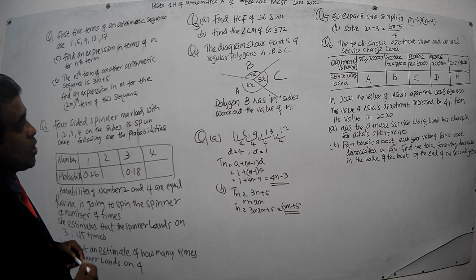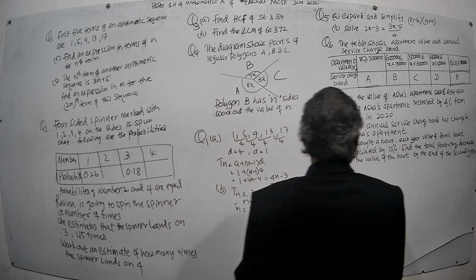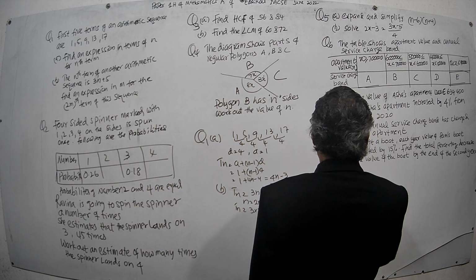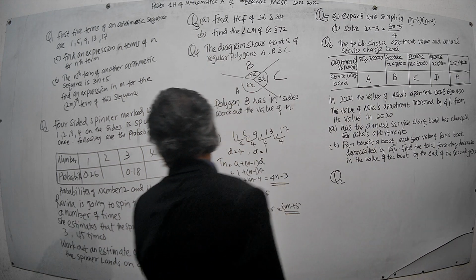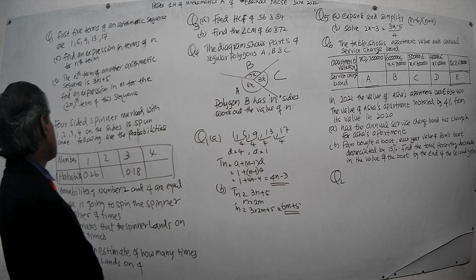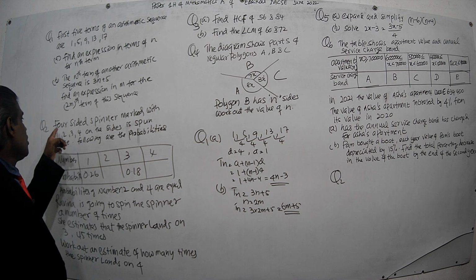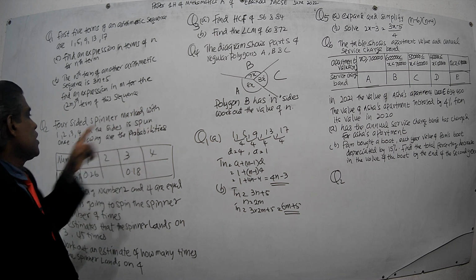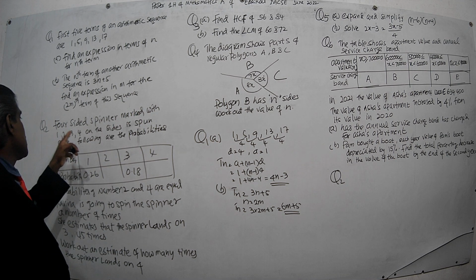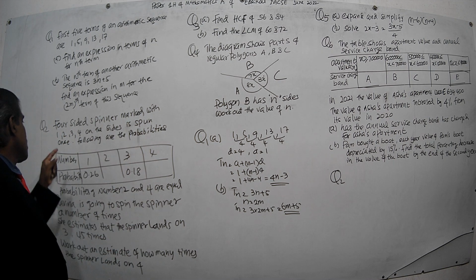Then question number 2 says, I will answer that here, Q2. There's a 4-sided spinner marked with numbers 1, 2, 3, 4 on the sides, and it is spun once.